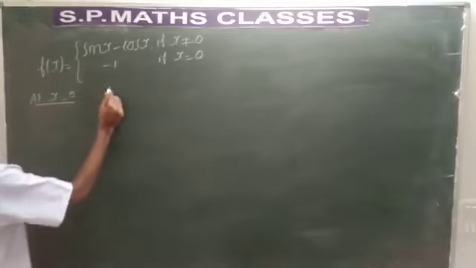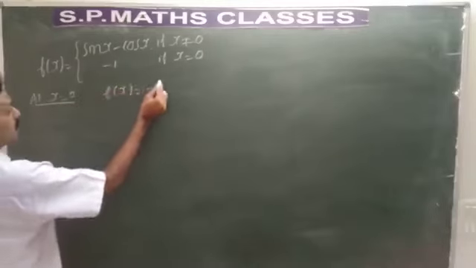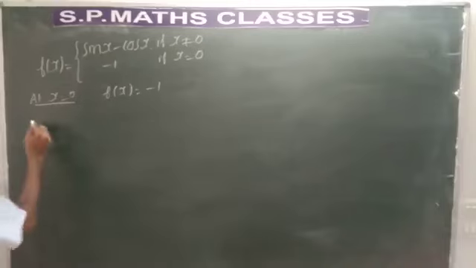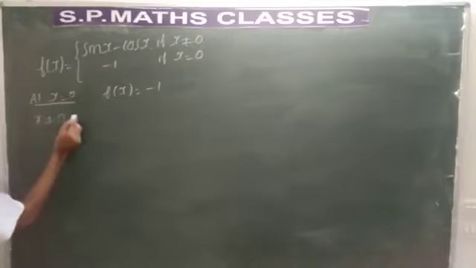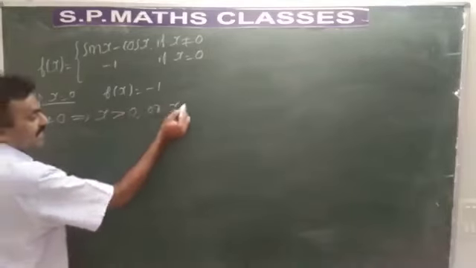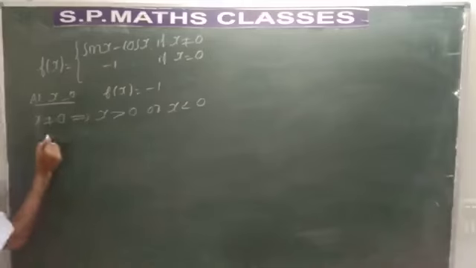What is given? F of x is given as minus 1 at x is equal to 0. F of x is directly given as minus 1. Let us take, it is given x not equal to 0, which implies x greater than 0 or x less than 0. What do you mean by that?